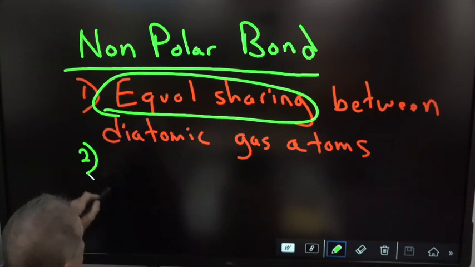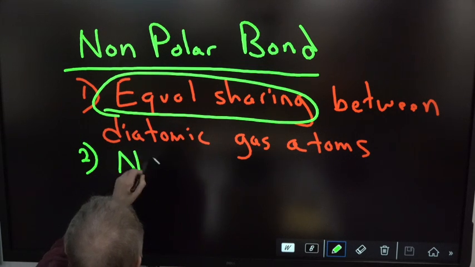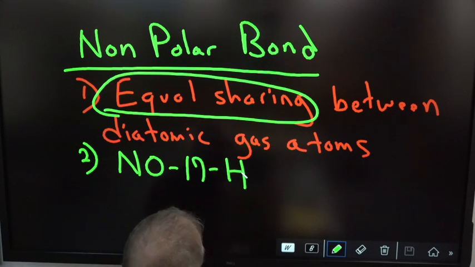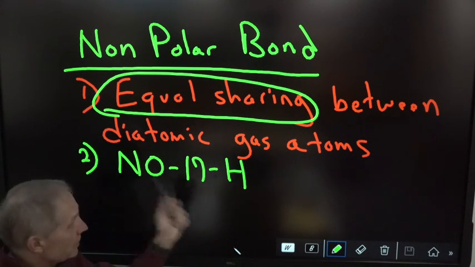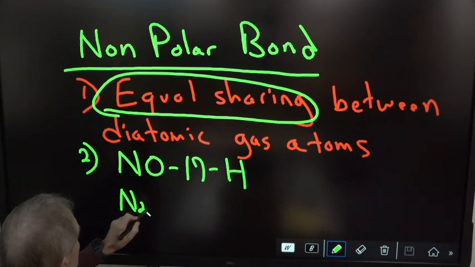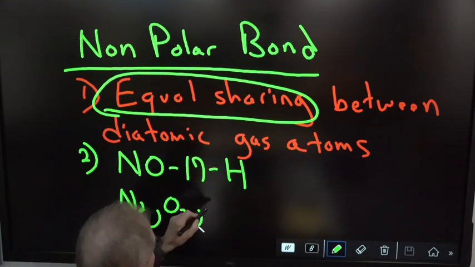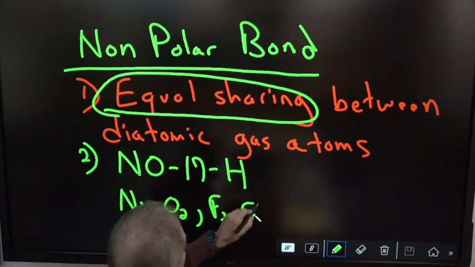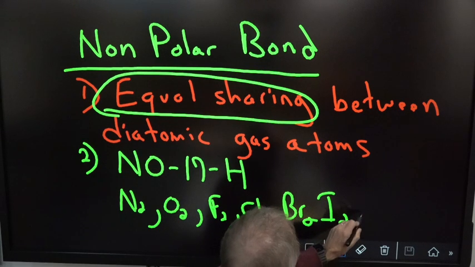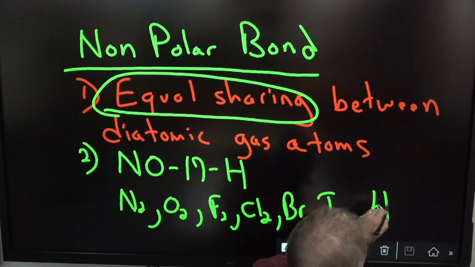Let's put down number 2. The 7 examples, I have my kids remember them this way: NO-17-H. So what that means is these are the diatomic gases. We have N2, O2, group 17, F2, Cl2, Br2, I2, and H2.